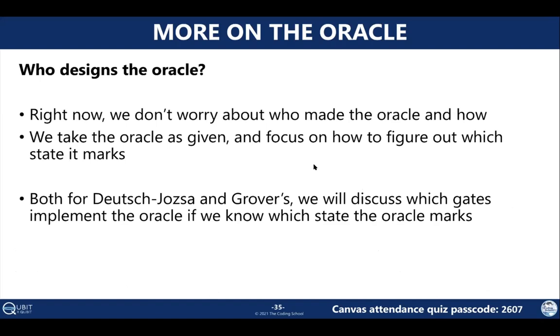We have noted a bit about this for designing oracles. For now, we're not going to worry about who made this oracle and how they were made. They just were given as a gift to us, which has been quite convenient. So this is our given. All we're going to focus on, and the important part of these algorithms, is to figure out which state it marks.